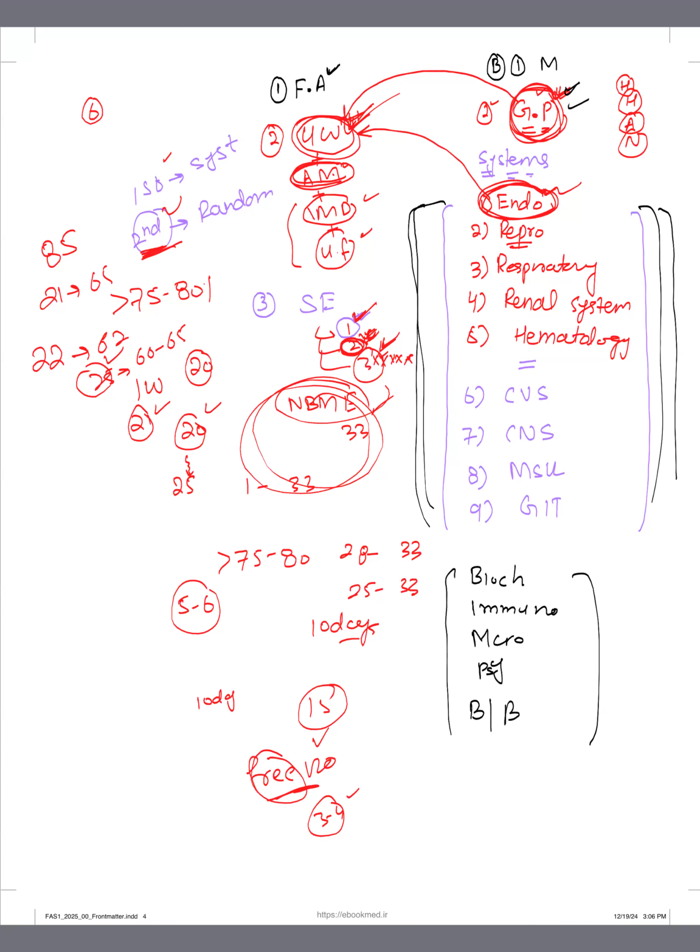So this is the complete preparation method. You have to start from First Aid, complete one pass of First Aid. When you complete that, start UWorld. If you are using AMBOSS, you can use it, but I will say please use AMBOSS first of all only for the biostat and ethics portion.